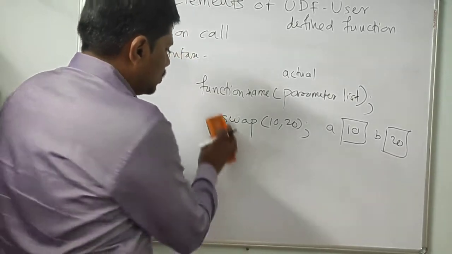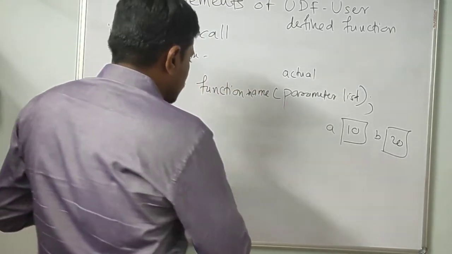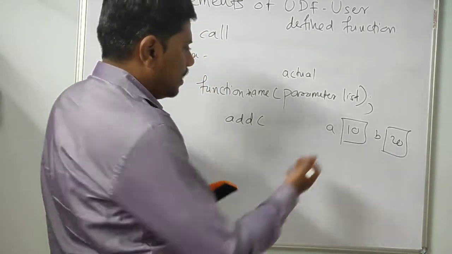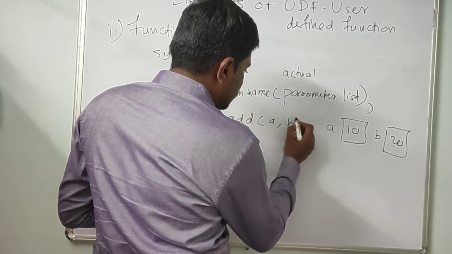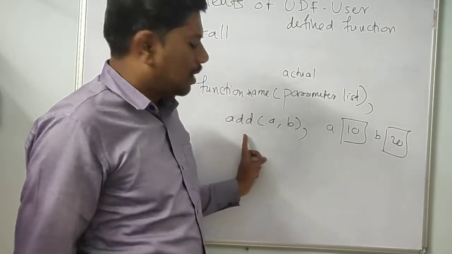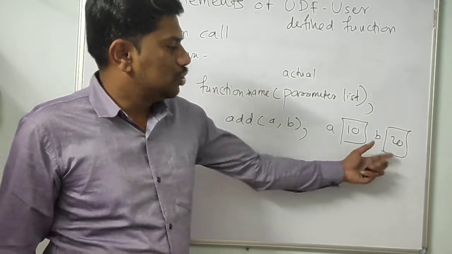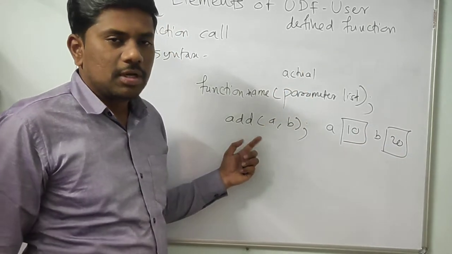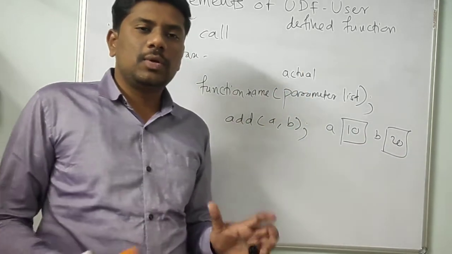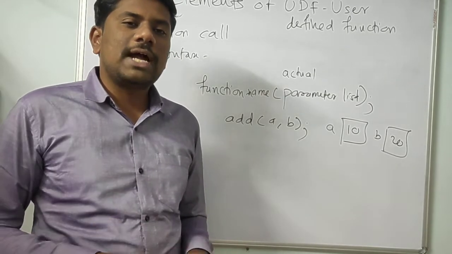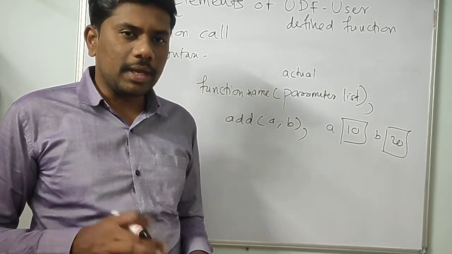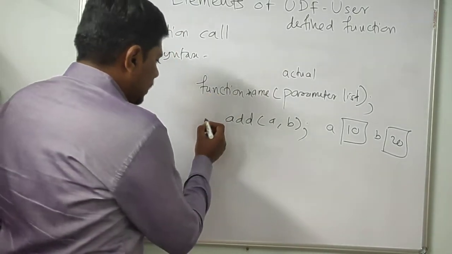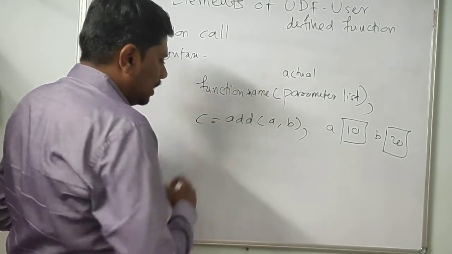But there may be a situation in which, suppose I am using the add function and I'm giving two inputs to the add function. So I'm calling the add function by passing two values, 10 and 20, and suppose this add function will calculate the addition of two numbers, and suppose add is returning something back. That something you can receive here on the left hand side.